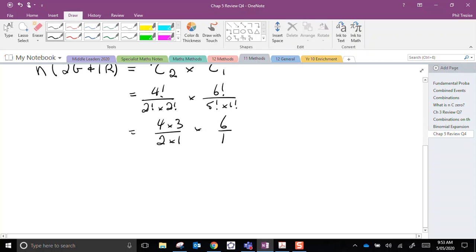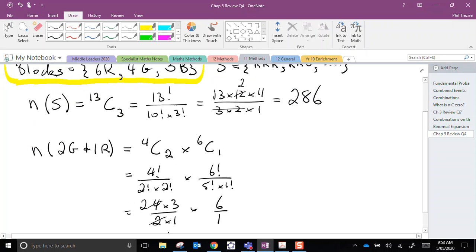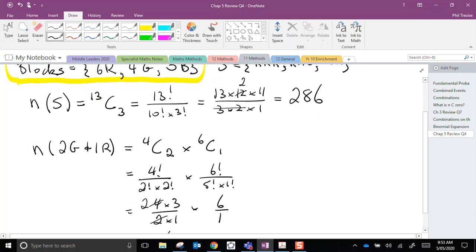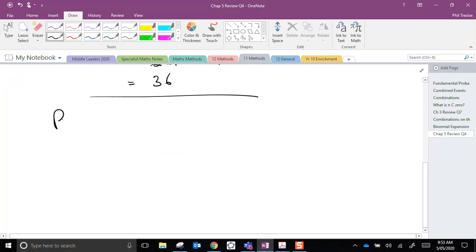That's straightforward. What are we going to do with this? Let's cancel that 2 into this 4 and leave a 2 there. So we have 2 3s, a 6 by 6 is 36. There are 36 ways in which the event could occur. The sample space, there are 286 possible ways of collecting 3 different blocks. Only 36 are favourable. We can do the probability now.